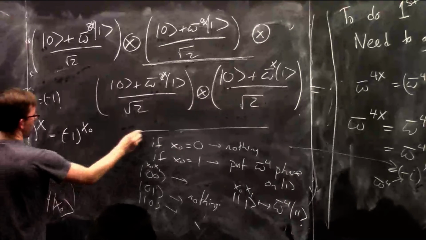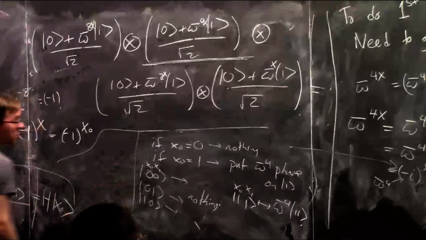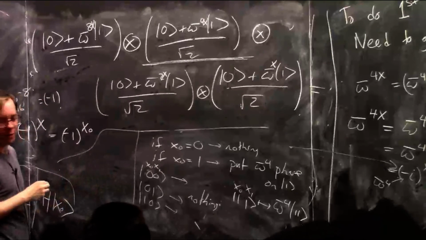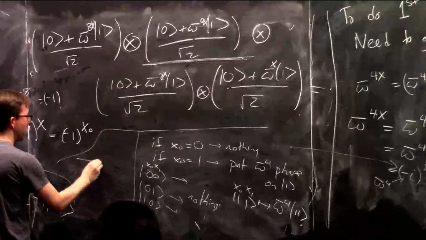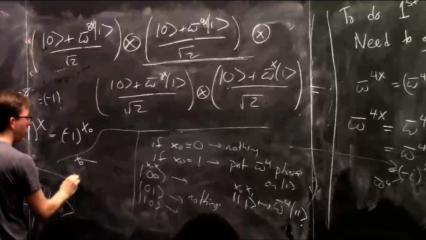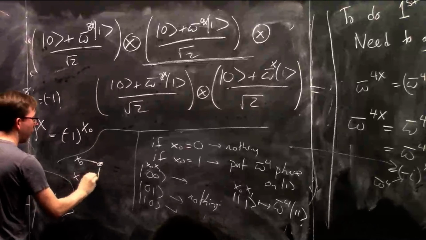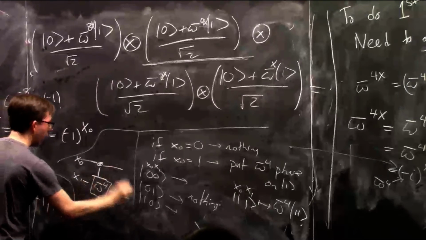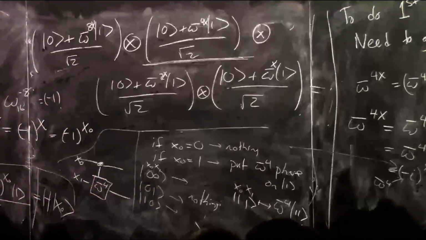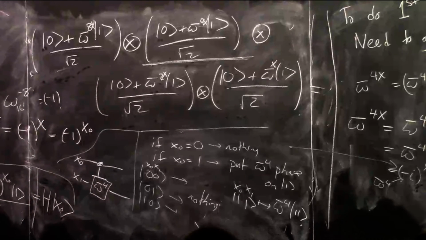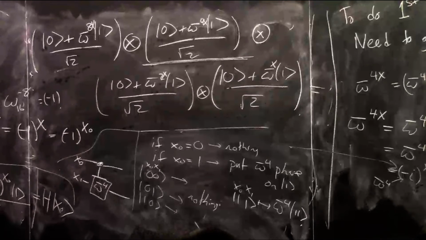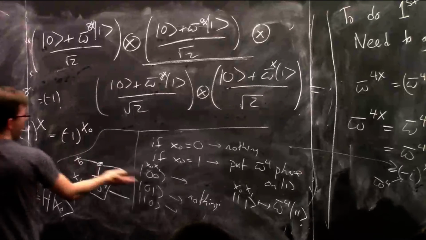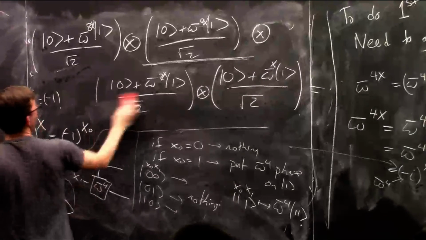So this is super messy, but what we really need to do here is a controlled omega bar to the 4 phase operation. Okay, so we need to do this, x0, x1. I'll draw it like this. Okay, so this is some 2-qubit gate that I just invented. We never talked about this gate before, but it's a simple 2-qubit gate. It does this sort of controlled phase operation.